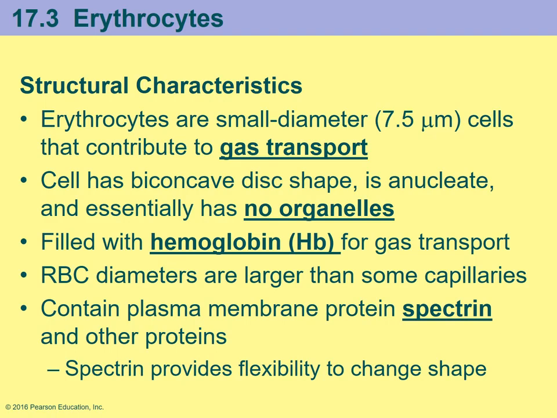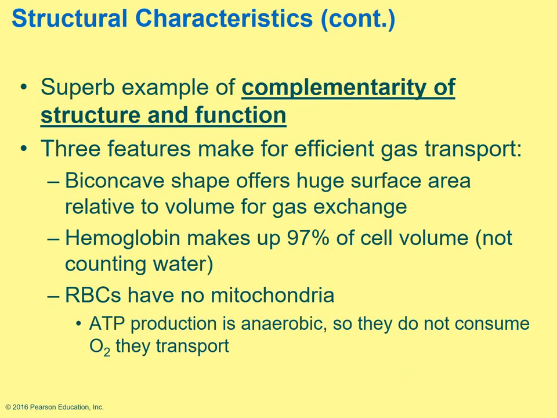They may contain within them some additional proteins, such as spectrin, that give flexibility and shape a little bit to fit through the very smallest of the capillaries, the really tiny ones. This certainly shows how structure determines function.